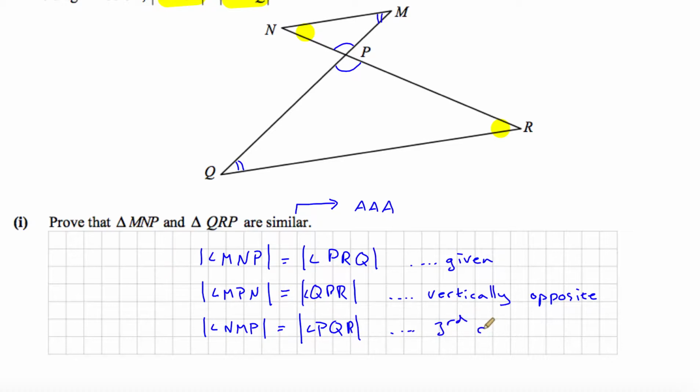Third angle in a triangle. That's the reason there. So therefore, the triangles are similar. That's our proof.